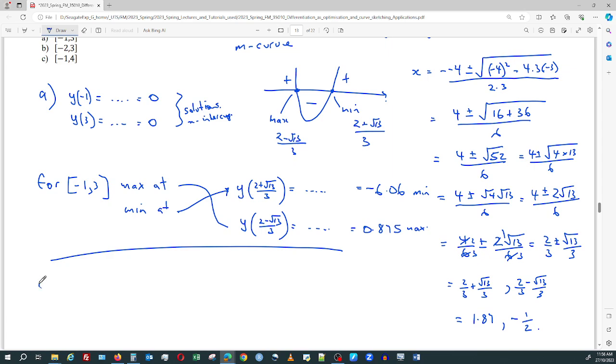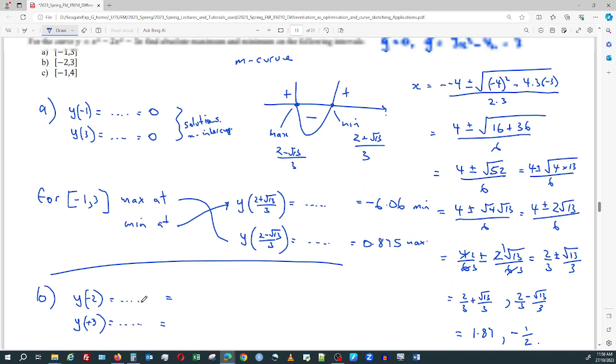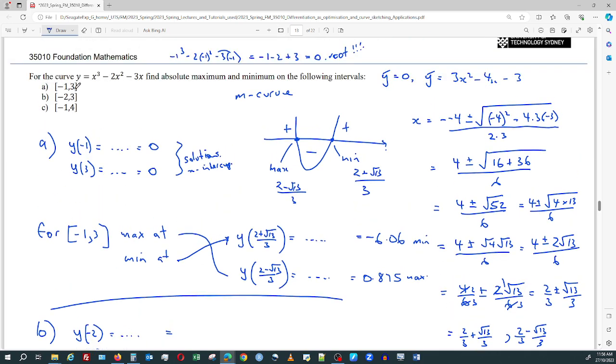So for B we would do a similar thing, comparing for -2, now -3, 2, 3 plus 3, sorry. Now we know that 3 is an endpoint, which is 0. So that doesn't change from question to question. So that's still 0.